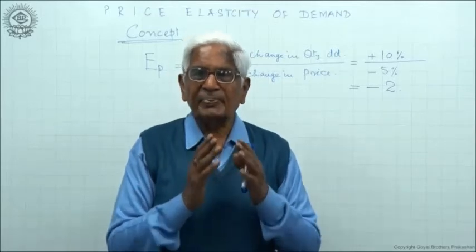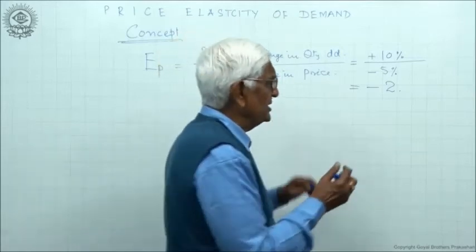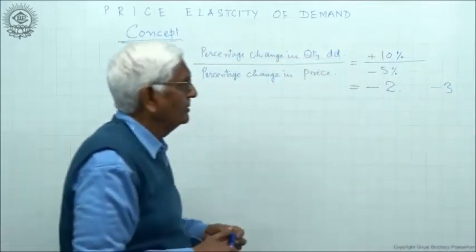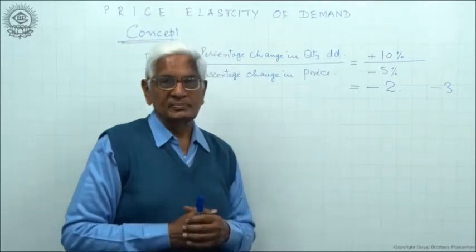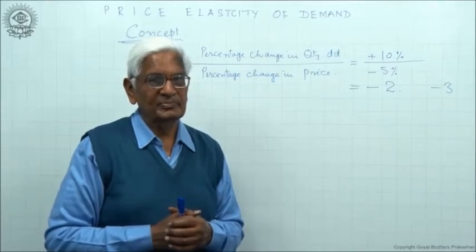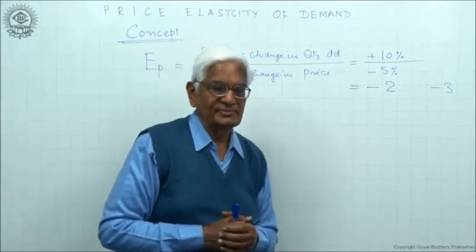When you compare price elasticities, now here our answer is minus 2. Suppose there is some other answer which is minus 3. Now which price elasticity is greater? Minus 2 or minus 3?